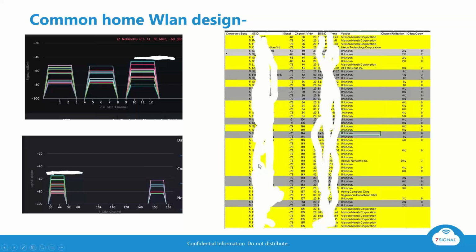So the net of this is that you need to be able to see this information, and you need to be able to identify what's going on. In the Wi-Fi world, it's a completely different mindset than how wired connects, and it's always in flux.